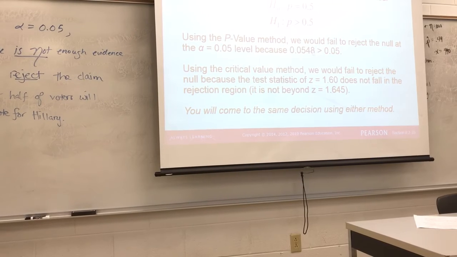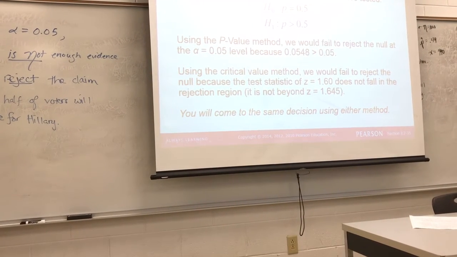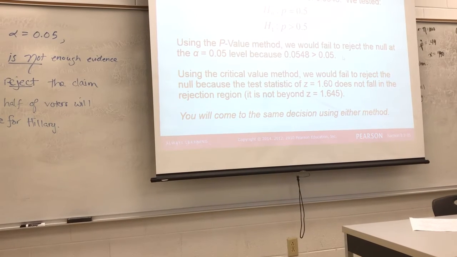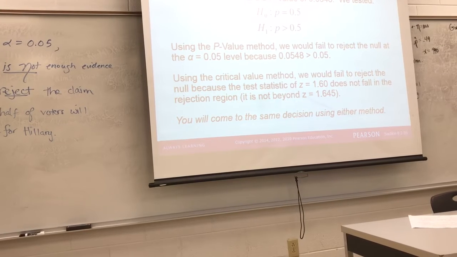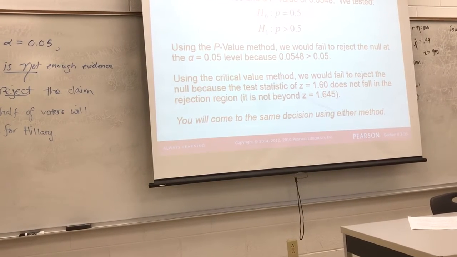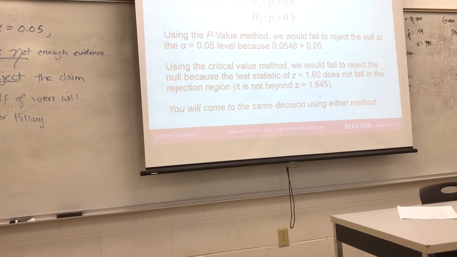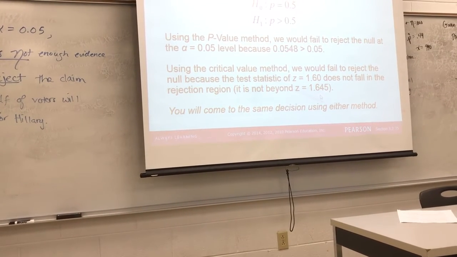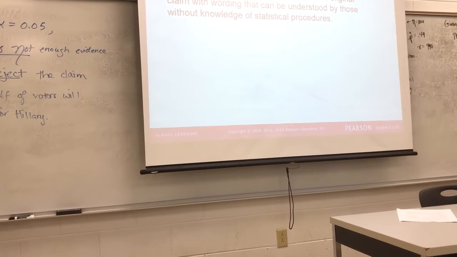Close, though, huh? 0.0548 is just slightly bigger than 0.0500. So, fail to reject. Yeah, close, but no cigar. So, again, the z-scores were real close, but the 1.60 was not beyond 1.645.